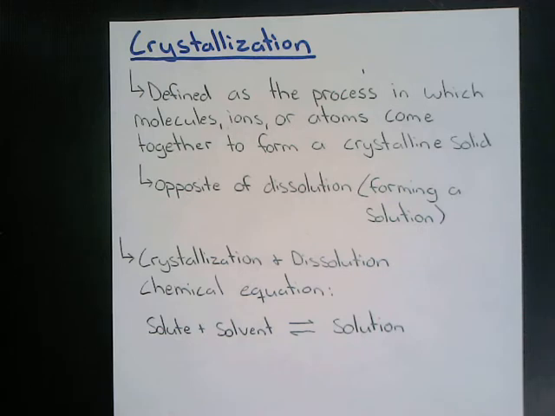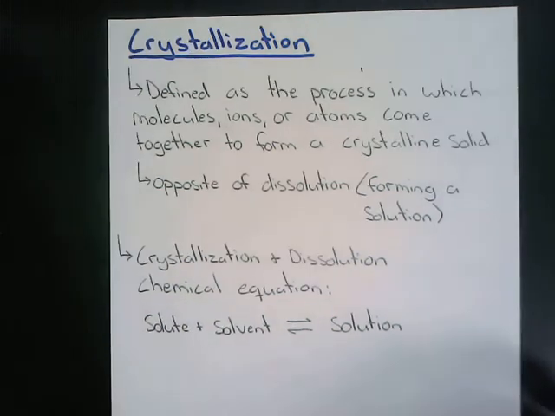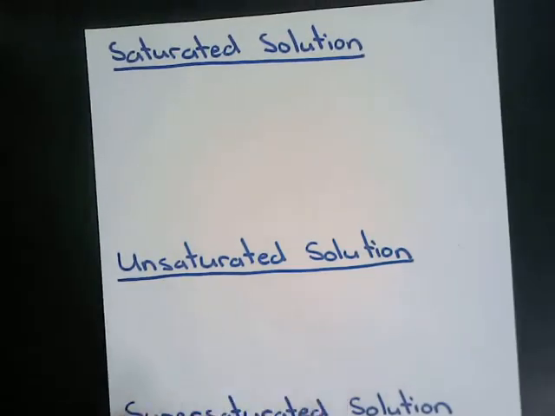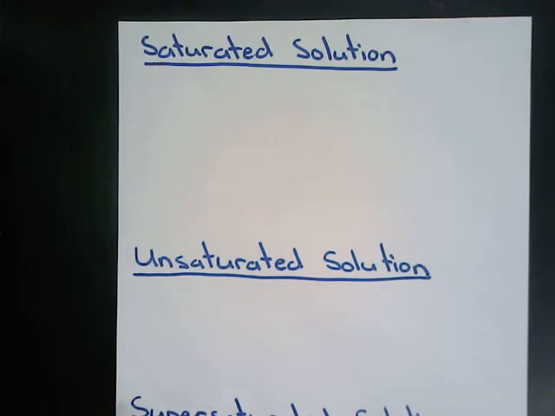All right, so now there's just a couple more terms that we need to go over, and we'll switch gears here to what we have known as the types of solutions. So we start out here with our saturated solution. Now, a saturated solution is just defined as a solution in which undissolved solute and dissolved solute are at equilibrium.